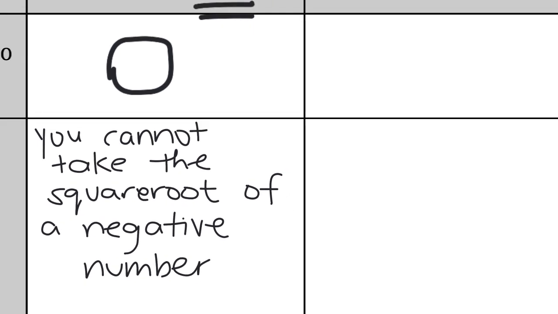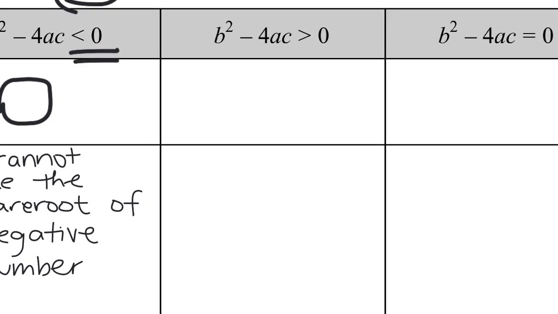Okay, so let's go back and look at situation number 2. Once you pick out your a, b, and c values, plug them into the discriminant formula, and calculate your answer, you get a number that is greater than 0. So you get a positive value. In that situation, there will be 2 solutions.